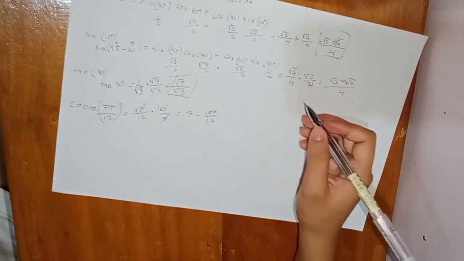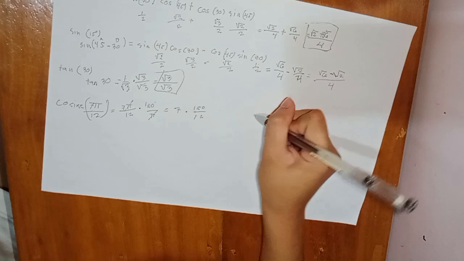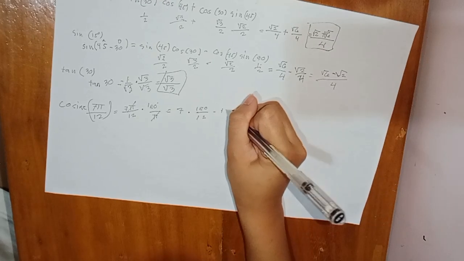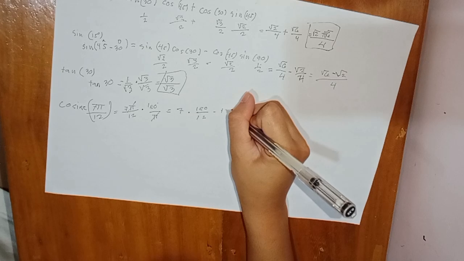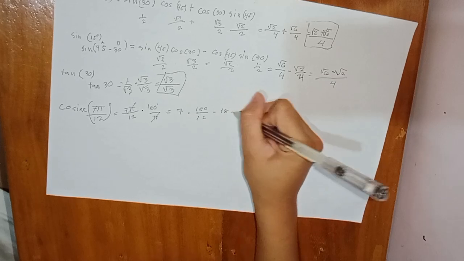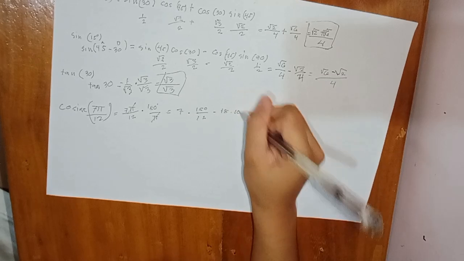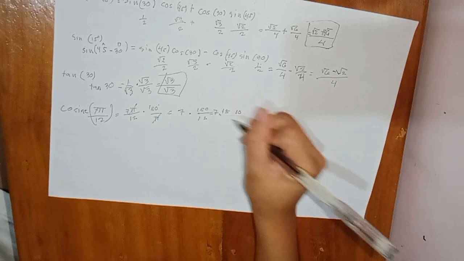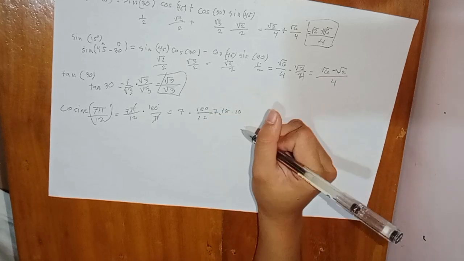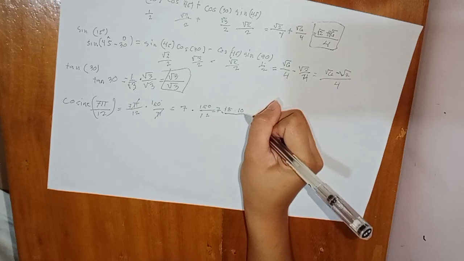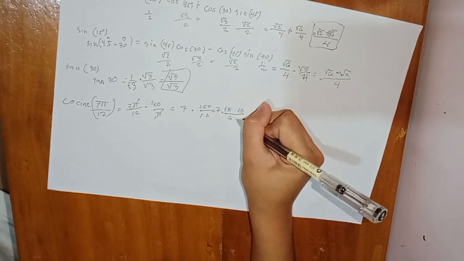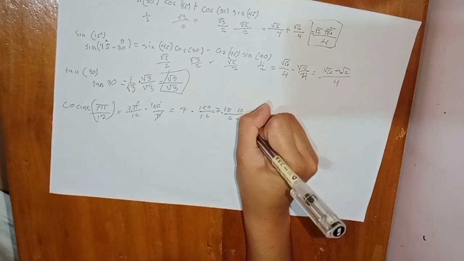Let's break up 180 into 18 times 10, and the 12 is 6 times 2.